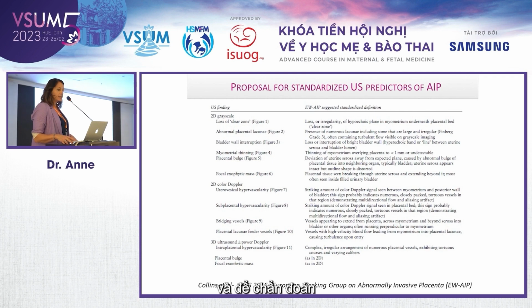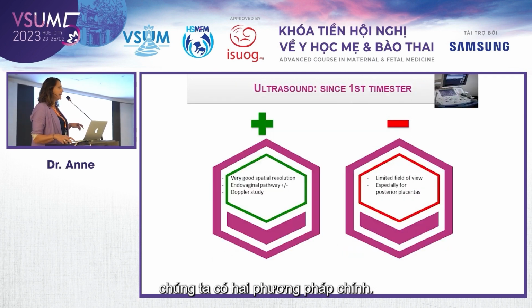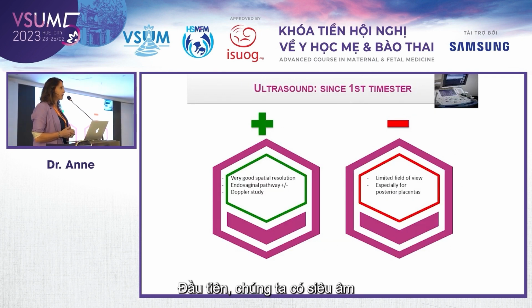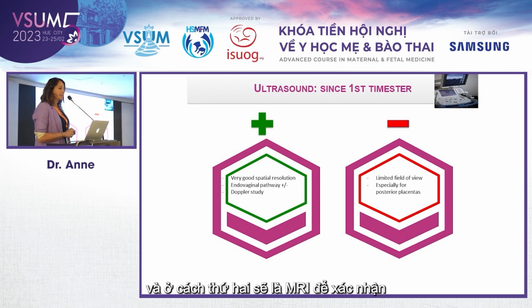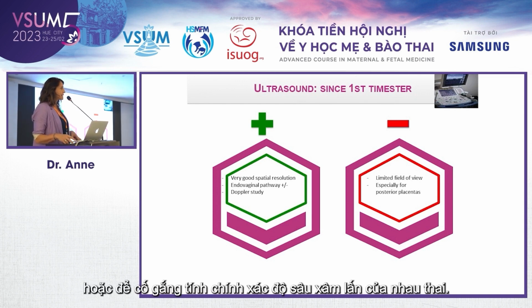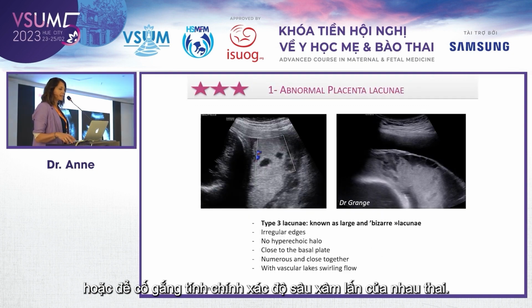For the diagnosis, we have two main imaging modalities. We have ultrasound first of all, to pick up the placenta, and in second line MRI, to confirm or to specify the depth of the placental invasion.